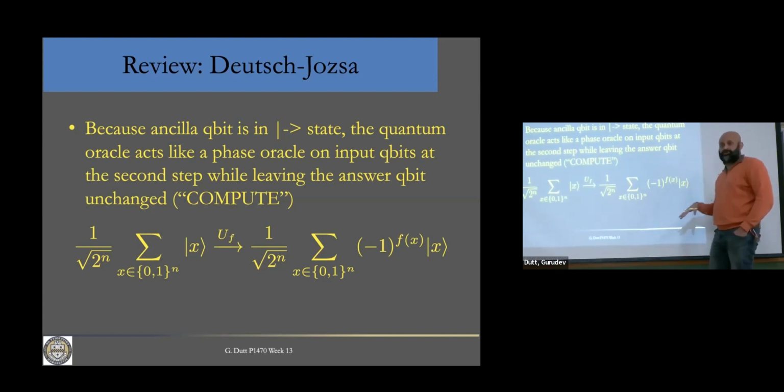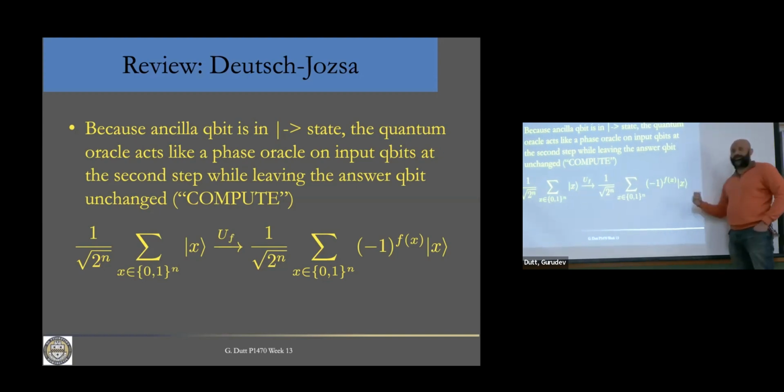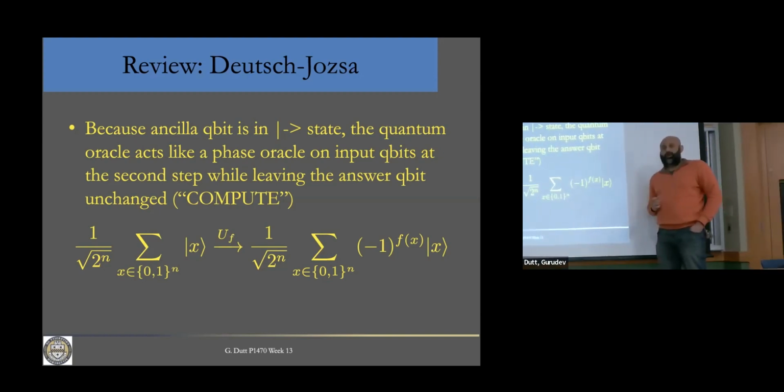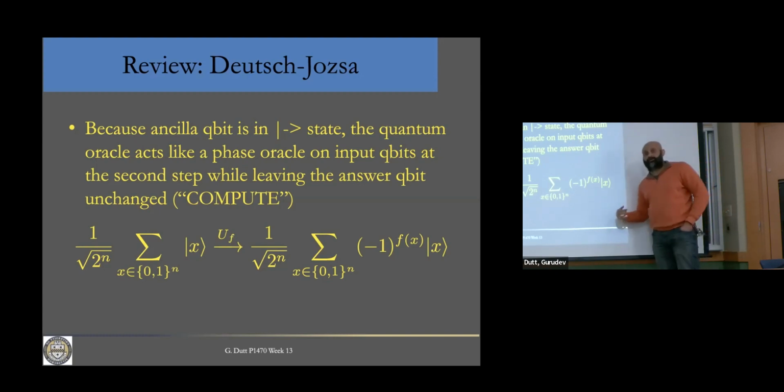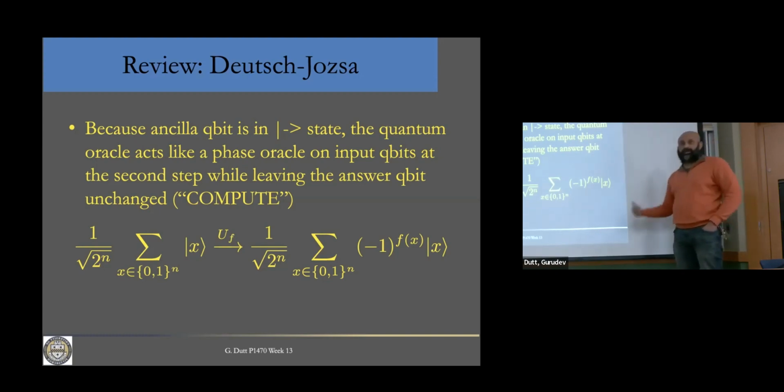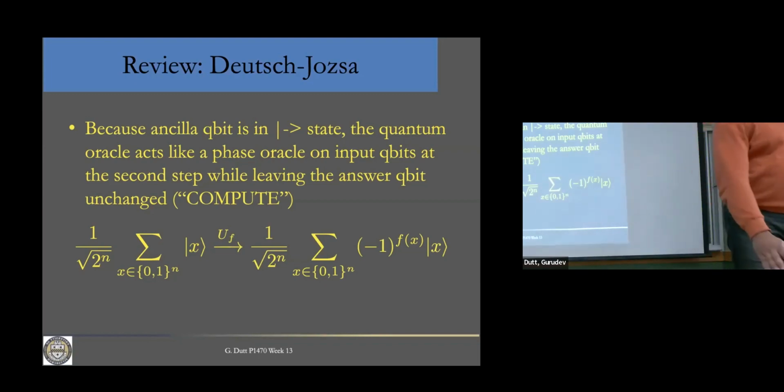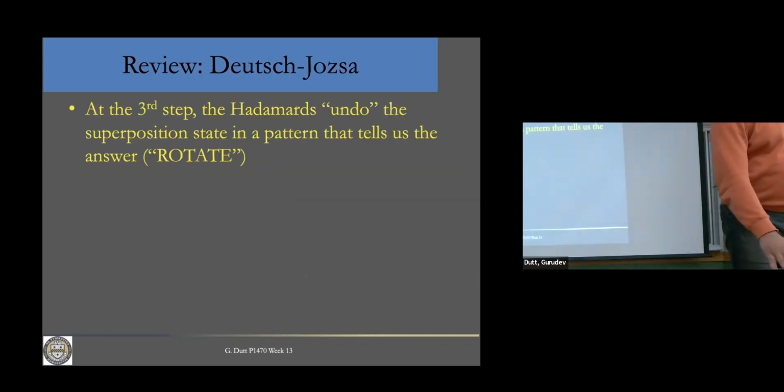Meaning, in that superposition, whenever f(x) is 0, it gives me a 1, which keeps the plus sign in the uniform superposition the same. And whenever f(x) is 1, it produces a minus 1 on that state. So the state is now massively entangled because it has pluses and minuses, so you can't separate it out into a bunch of superpositions.